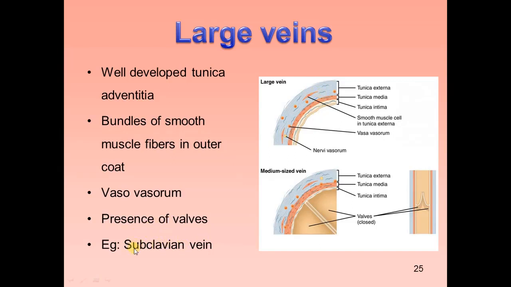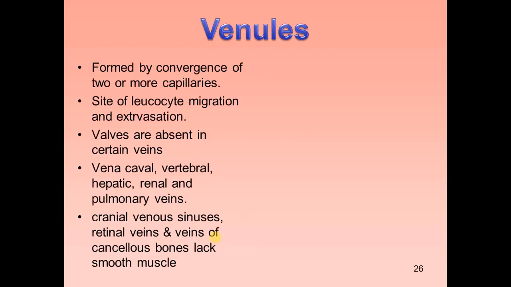One example is the subclavian vein, then the femoral vein, where valves are present, mostly in the veins of the lower limb, but valves are absent in certain places. That is, the very large veins, the vena cava. In the superior vena cava, naturally, gravitation itself is going to aid the venous return.